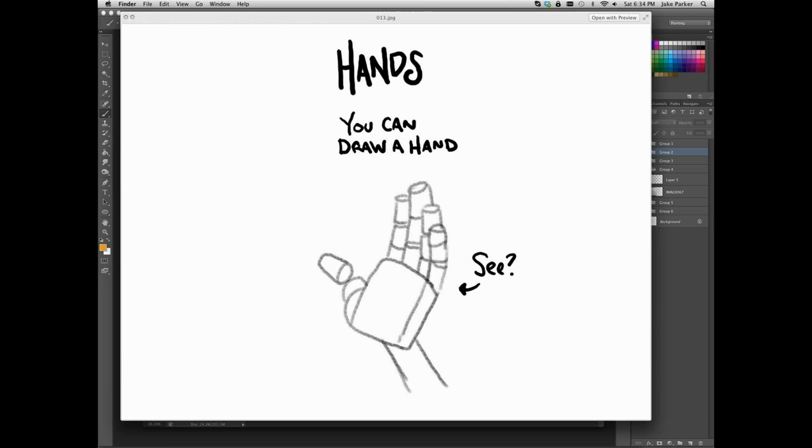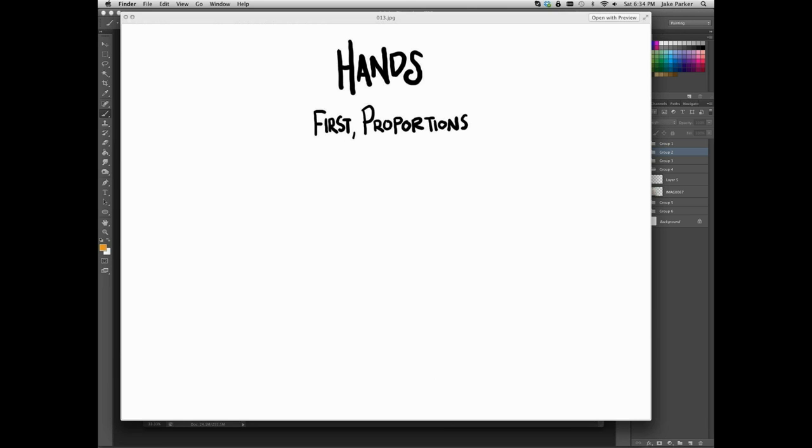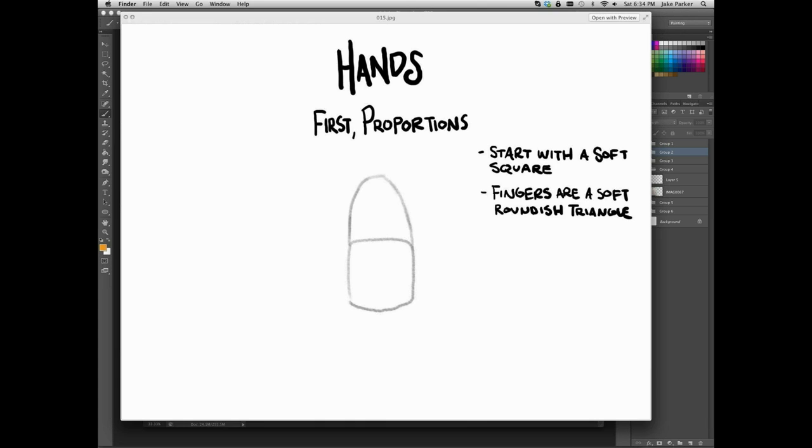Okay. So first, let's talk about proportions. Start with a soft square. It's usually a little bit firmer up top, but a little bit softer on the bottom, and then the fingers are a soft, roundish triangle on the top, and treat them all as one piece. And this right here is basically the base structure of a hand.